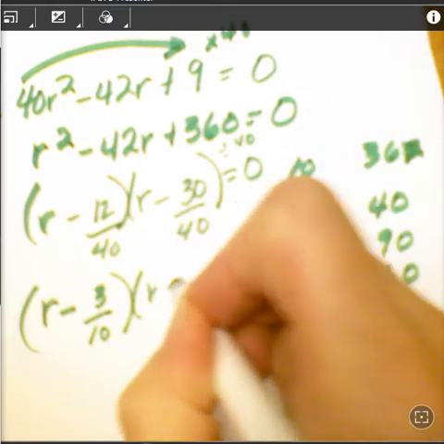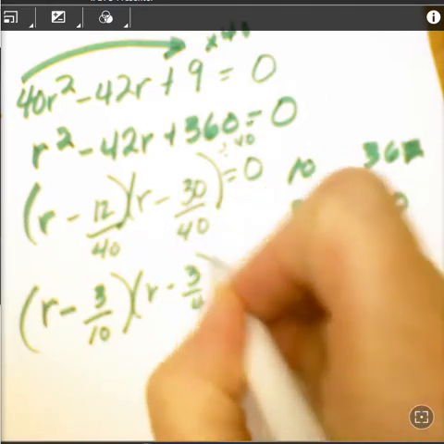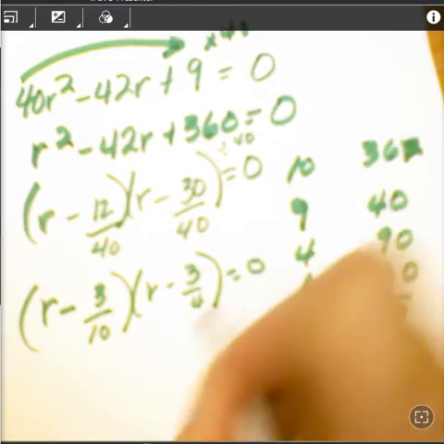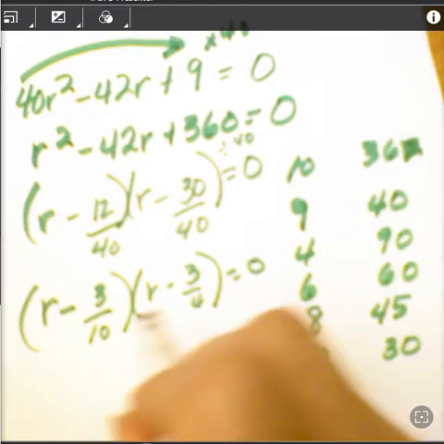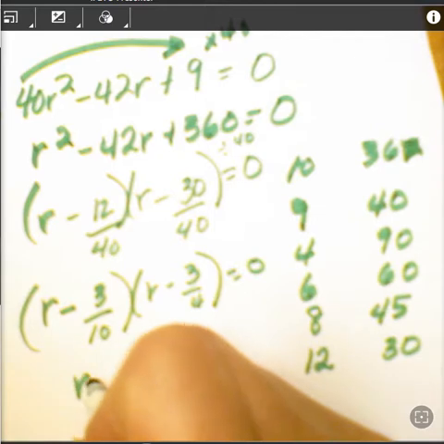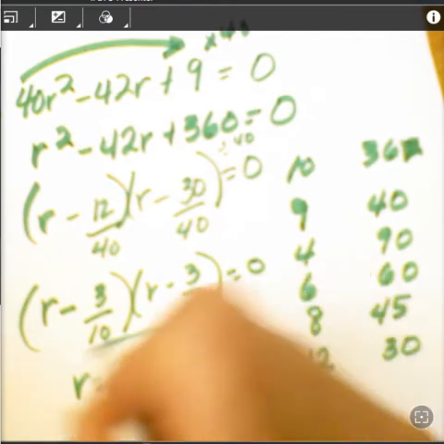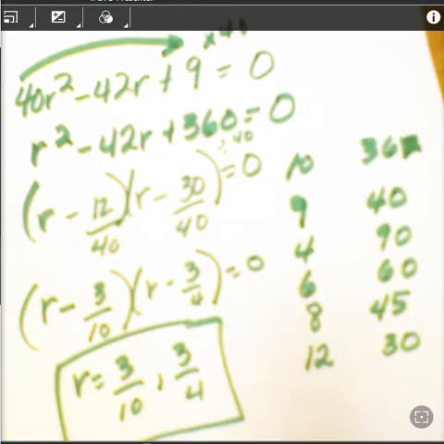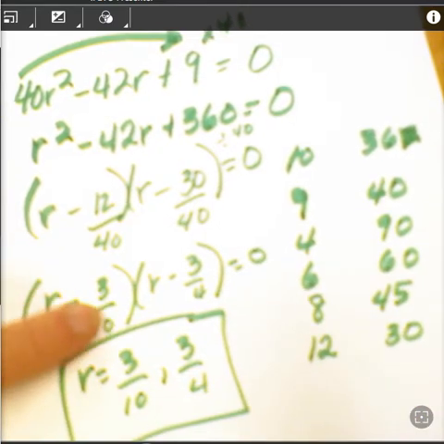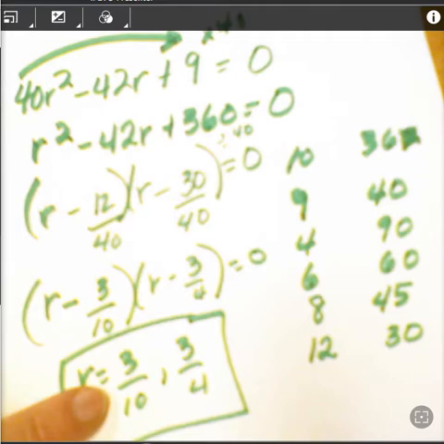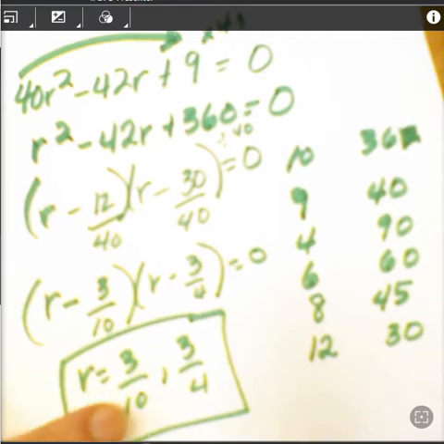And 10 goes into both of these, so 3 over 4. Now I can set each of these parentheses equal to 0, and I get r equals 3/10. Now we could do bottoms up and then solve, but we end up getting the same fractions anyway. And so there we go.